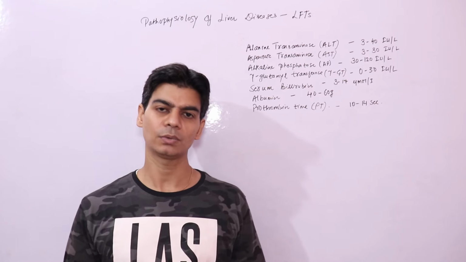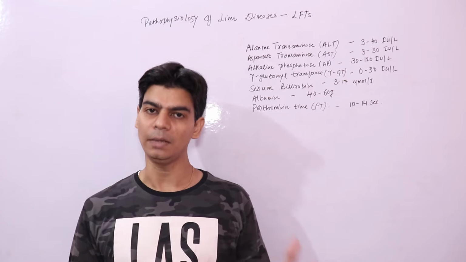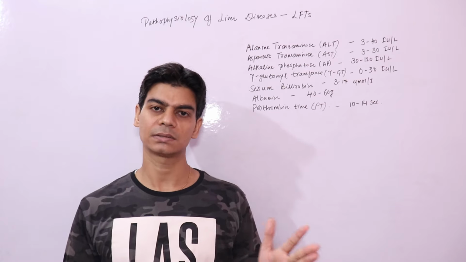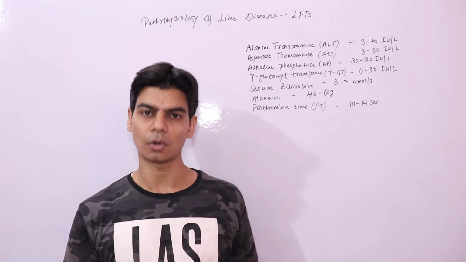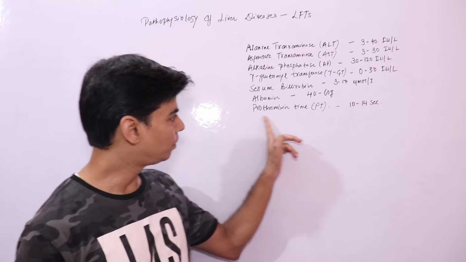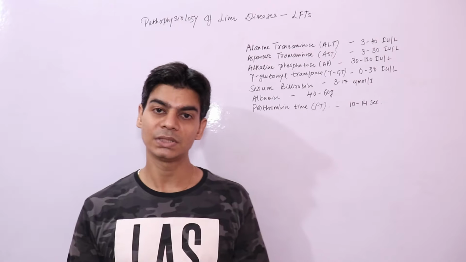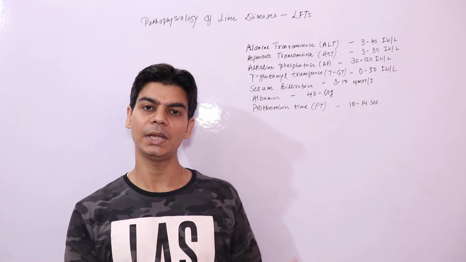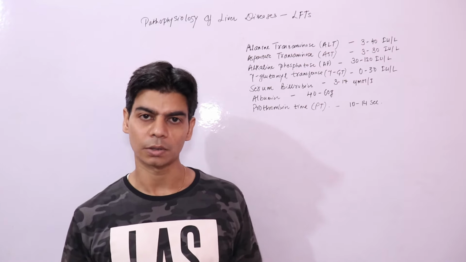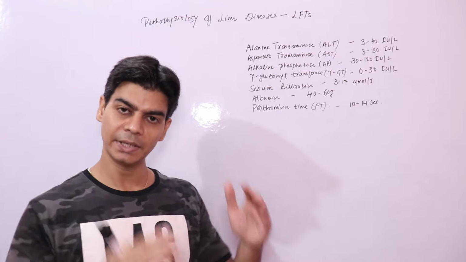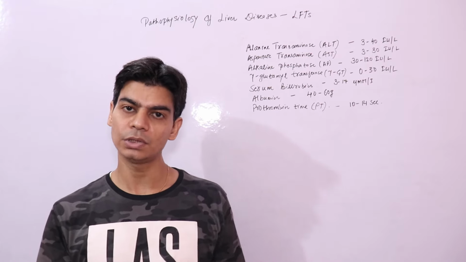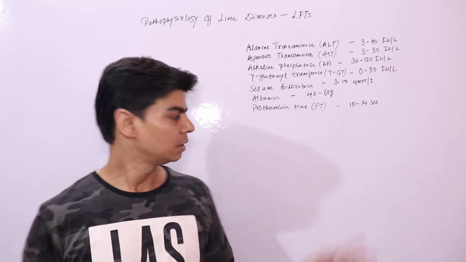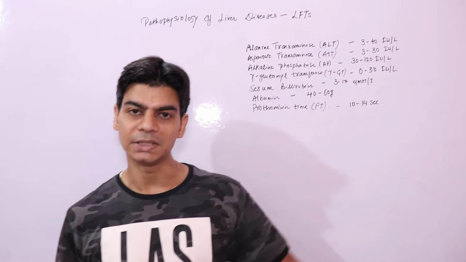Synthetic functions, we know that it synthesizes a protein called albumin, and it synthesizes some coagulation factors that are responsible for blood clotting. So your prothrombin time, which is the time taken for blood to clot, will increase if there are any issues with the synthesis of coagulation factors by the liver.